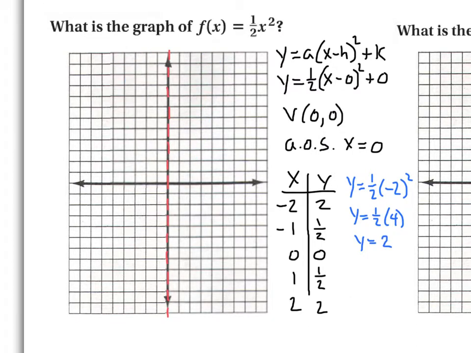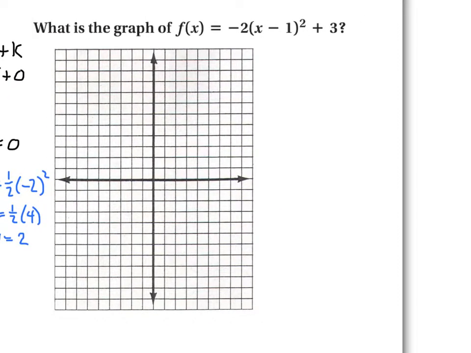So taking a look at, whoops, that all disappeared on us. Oh well. Taking a look at our next one. What is the graph of y equals negative 2 times x minus 1 quantity squared plus 3? This one, we now do have a vertex somewhere else. So what is our vertex?